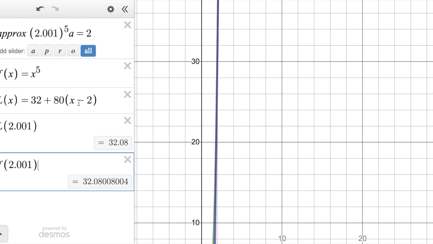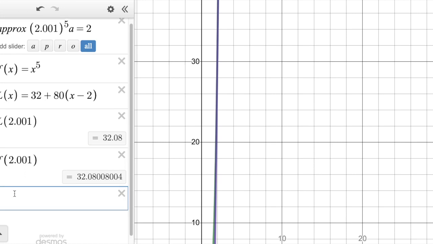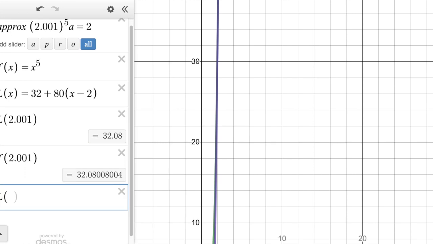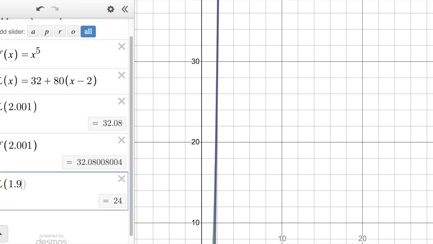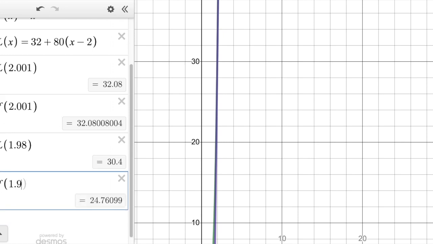We could also use it to approximate 1.98 or 1.9. So let's do that while we're here. L of 1.98, as long as I stay close to 2, I should be okay. So what is the original? Okay, so 30.4 versus 30.43, but still a very good approximation.